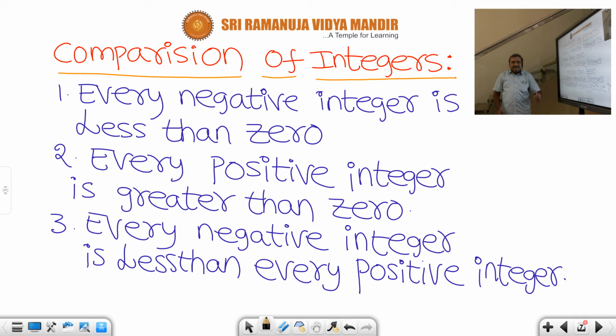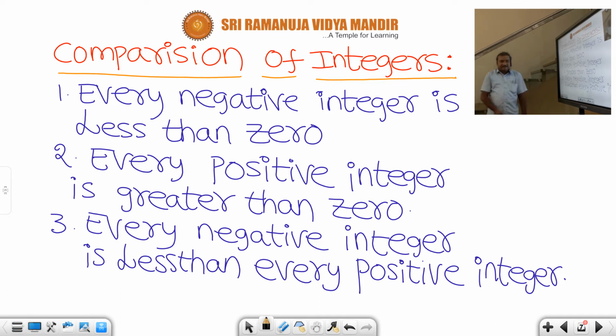Take 3 and 8: 3 is less than 8. Take 0 and 5: 0 is less than 5.